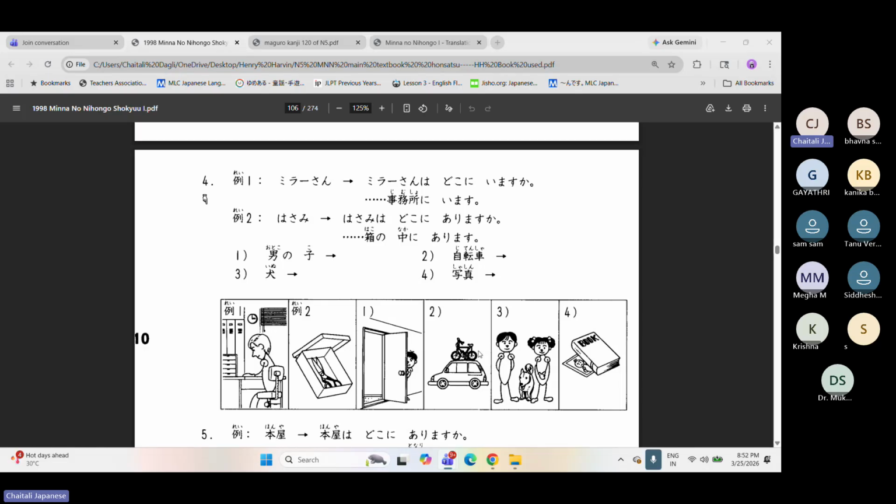Where is the bicycle? Kuruma no ue ni imasu. Imasu or arimasu? Arimasu. Kuruma no ue ni arimasu. Clear everybody? Yes, ma'am.